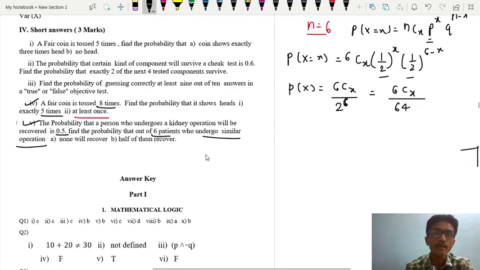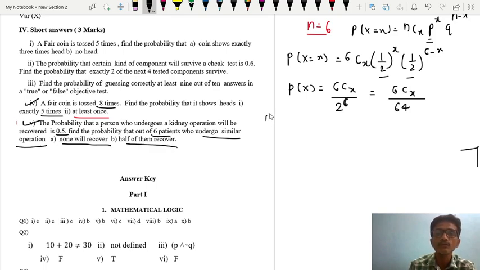What is required here? None will recover and half of them will recover. So the first sub question is that none of them will recover, which means x is equal to 0.